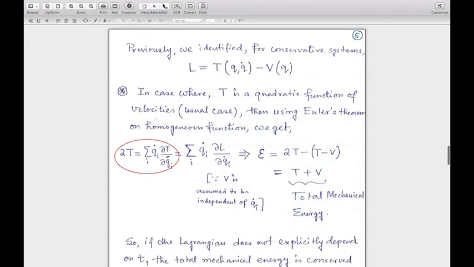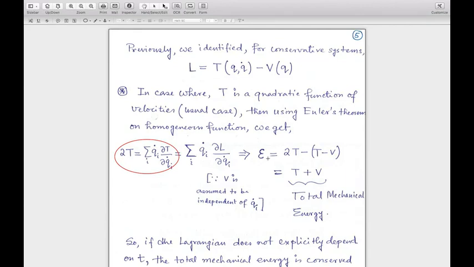And if you do that, basically again you can say that we are in a condition where V is independent of velocity, so V can be taken into this ∂/∂q_i-dot, and we can write this ∂T/∂q_i-dot as ∂L/∂q_i-dot. So this one is now equal to 2T.